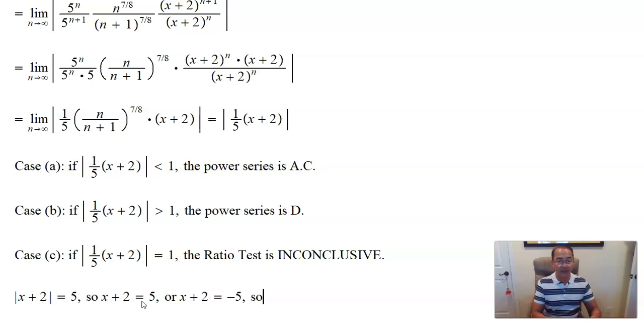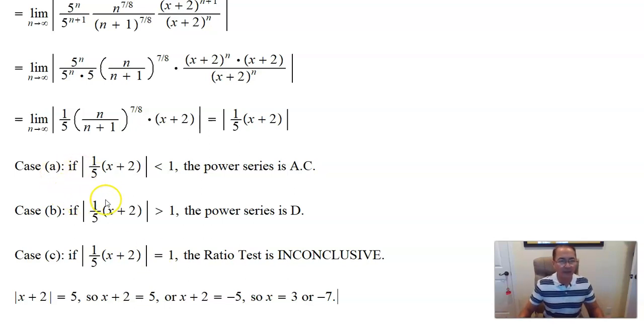So next step, when is x plus 2 equals 5? x equals 3. When is x plus 2 equal to negative 5? x must be negative 7. So for those 2 mysterious values, our series may or may not converge.